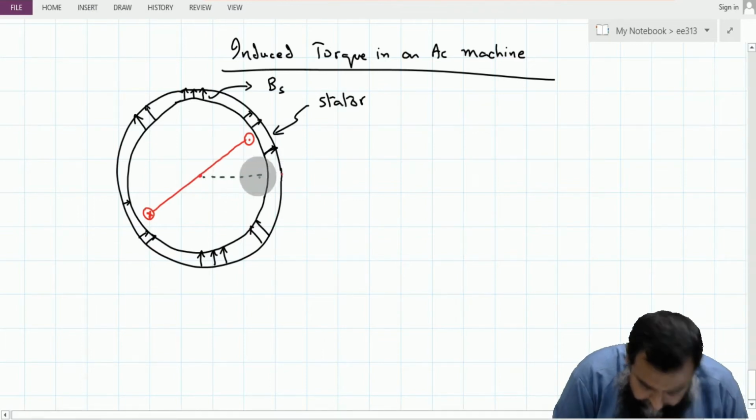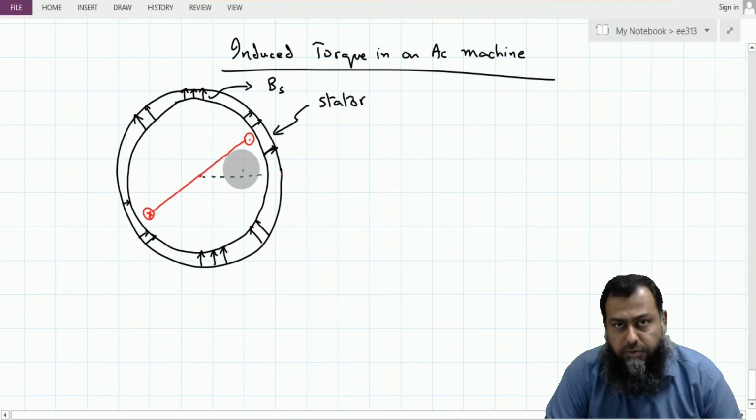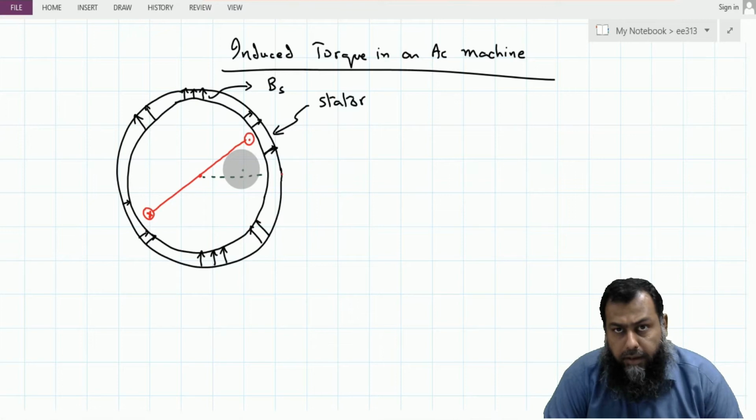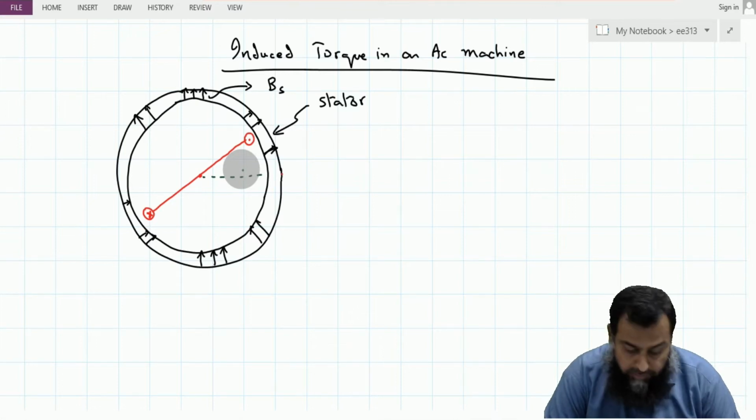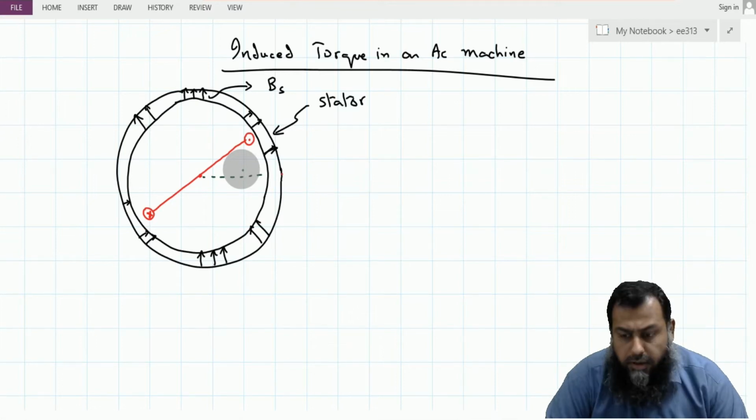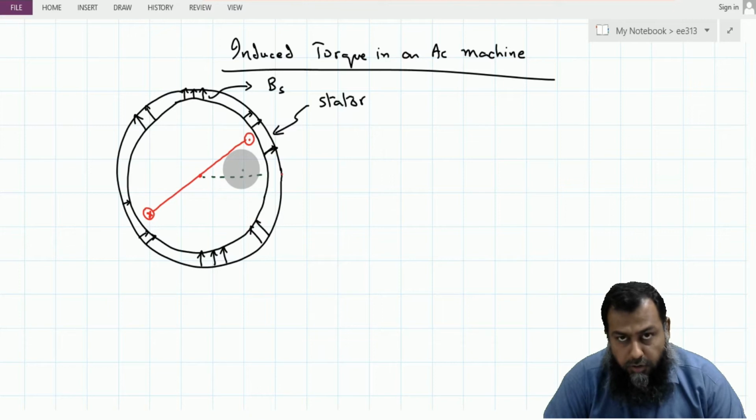this is the center axis, which is used as a reference to see how this particular two conductor rotor circuit will behave inside a rotating magnetic field. In this simple machine, we need to see how much torque is induced in these particular rotor conductors.